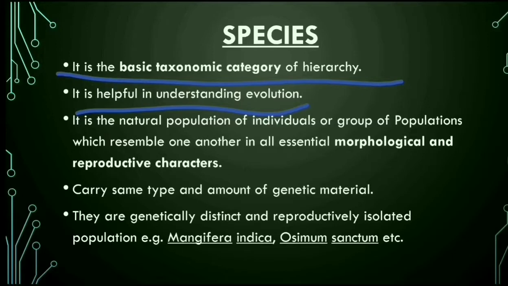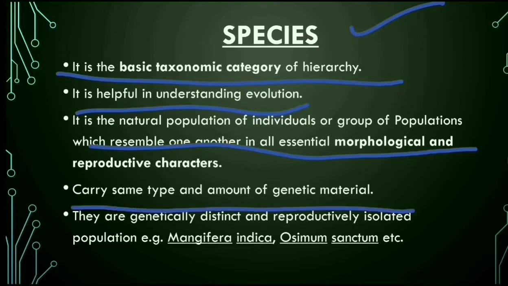It is the natural population of individuals or group of populations which resemble one another in all essential morphological and reproductive factors. Species have organisms which are similar to each other in morphological or reproductive characters and carry the same type and amount of genetic material so that they can breed together.